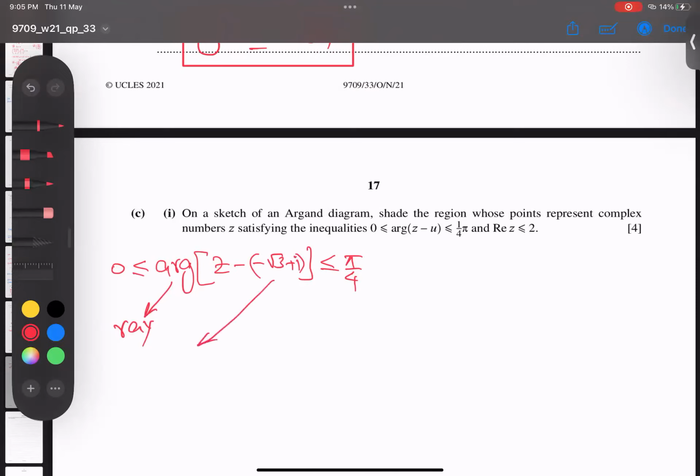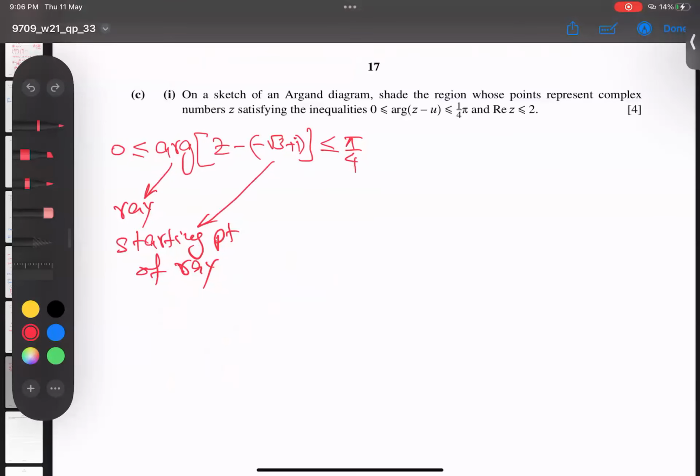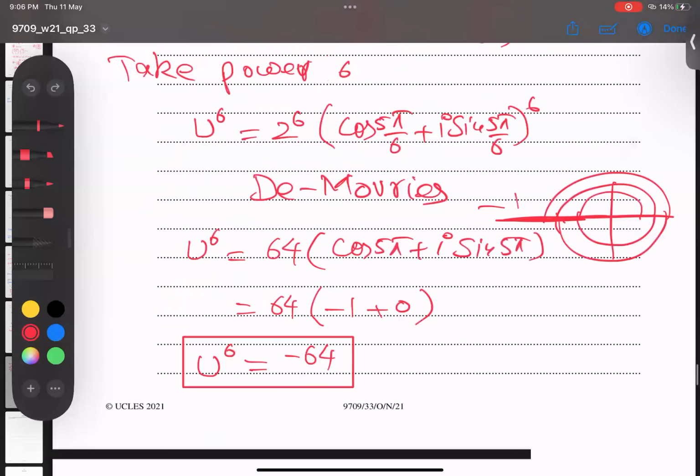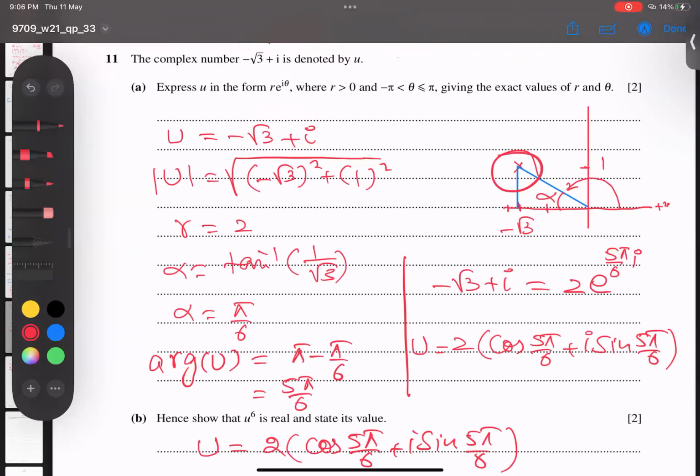This is the starting point of the ray, and these are two angles between. If I show you a rough idea, you will understand. Where is this point, as I showed before? This point is located here, on the left hand side, the second quadrant.